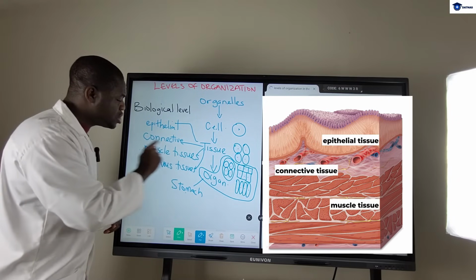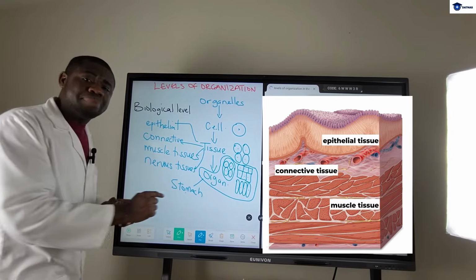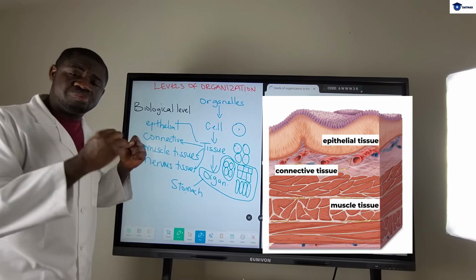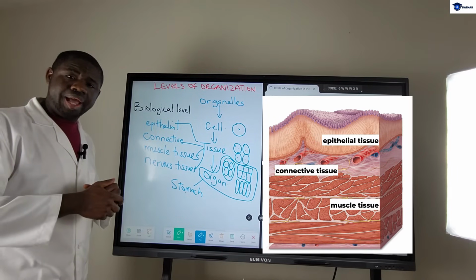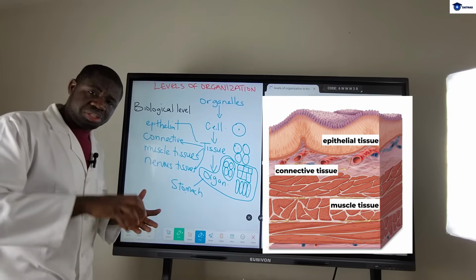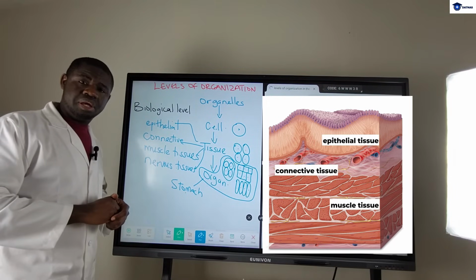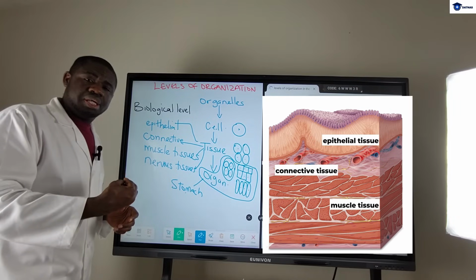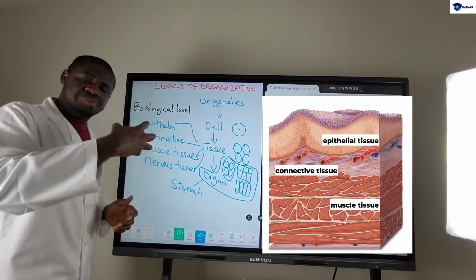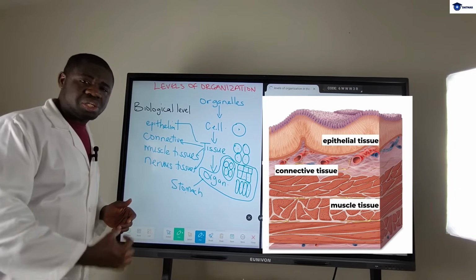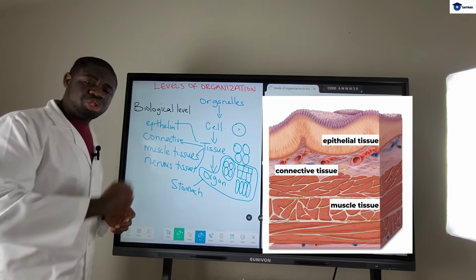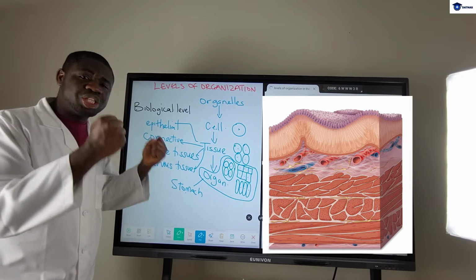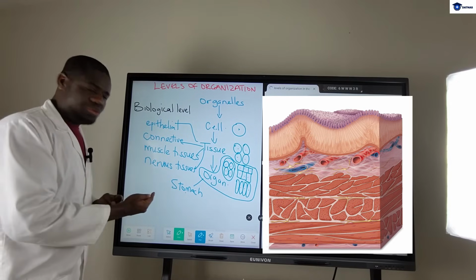The muscle tissues in the stomach help in churning of food, helps in propulsion of food, because for food to move in the stomach or from the stomach to other parts of the gastrointestinal tract, it involves the rhythmic contraction of the muscle tissues in the stomach.